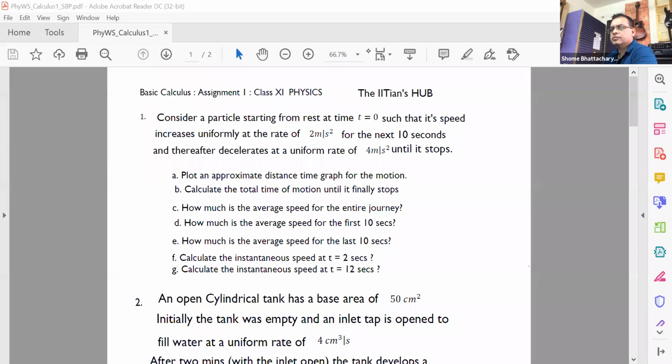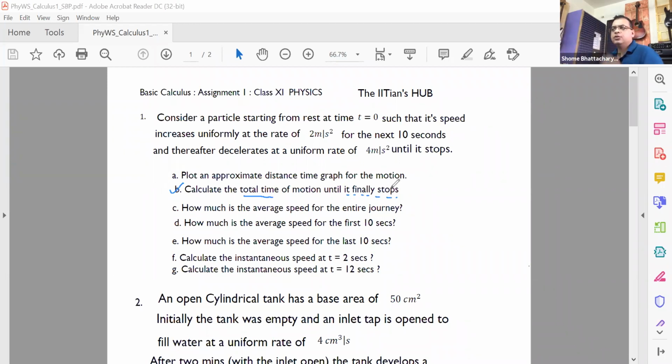Right. So I'm sharing assignment 1. So question number 1b, that is the question I've been asked to solve. Let's go over that question. So Hitesh, this part, you were asking how we have calculated the total time of motion until it finally stops.